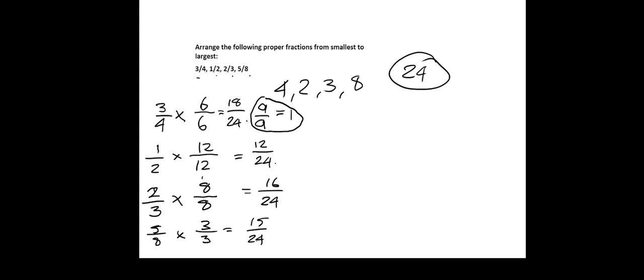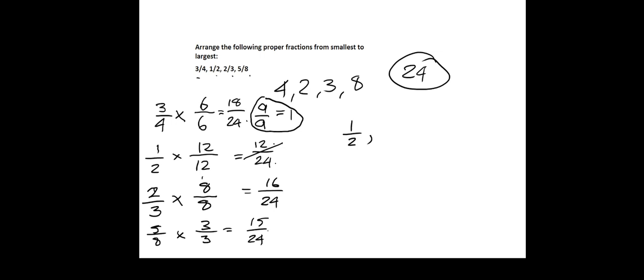Okay, and now it's much easier for us to see what the highest and lowest numbers were, because they're all over 24. So the lowest number is 12 over 24, which is half. That's the lowest number. That's that done. What's the next one up?